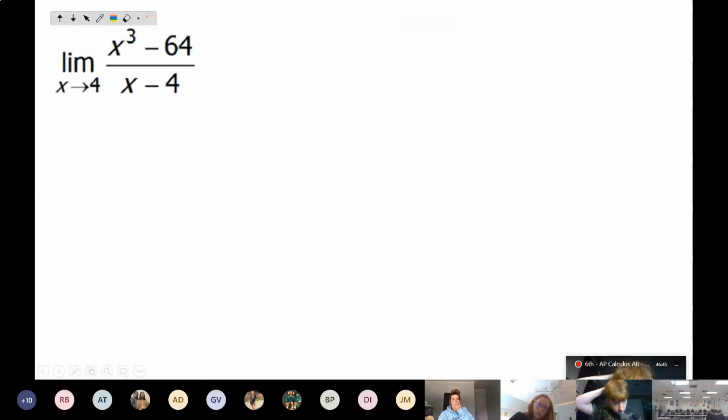Try this one. Again, your first step is to always try to do direct substitution. If that doesn't work, right now our only options are pretty much factor, rationalize, or perhaps some other algebra. And if you get stuck on this one, I might just say SOAP, and it might jog your memory of what you need to do.